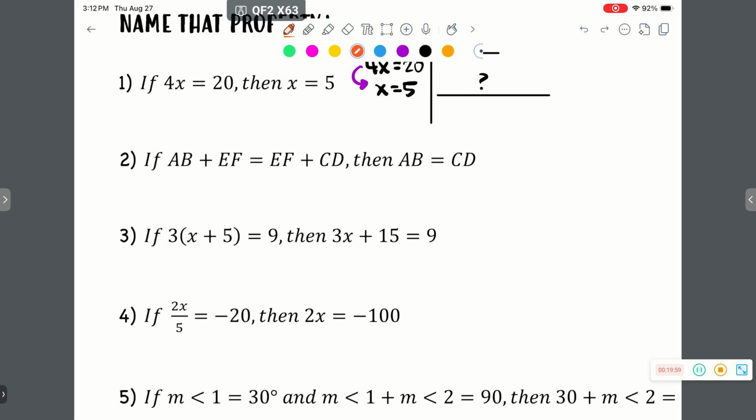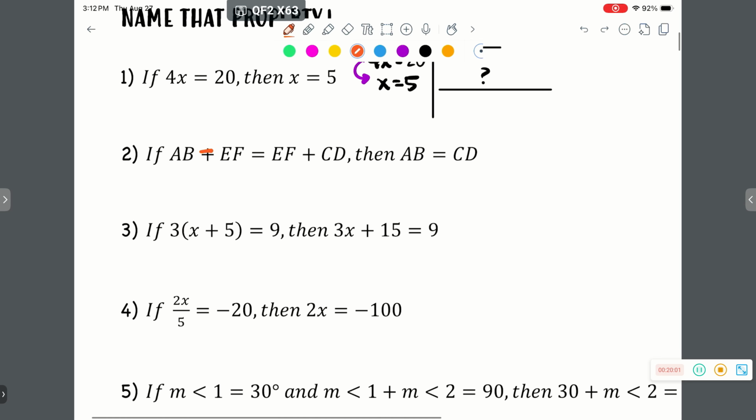If these were equal signs, like if it was equals and these equal, then that would be the transitive property, but that's not what we're looking at. So this is when you need to ask yourself, I know this looks weird because it's a geometry segment in an algebra equation.